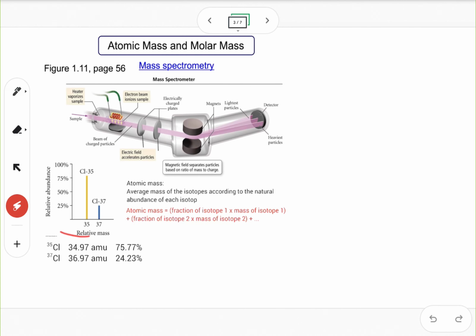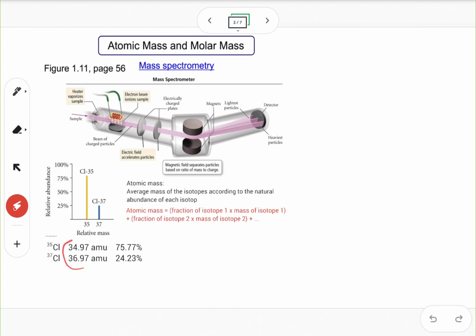So eventually you will see a diagram like this. This diagram shows us the two isotopes of chlorine. Chlorine 35, natural abundance is 75.77%. Chlorine 37, natural abundance is 24.23%. So this natural abundance comes from the y-axis.